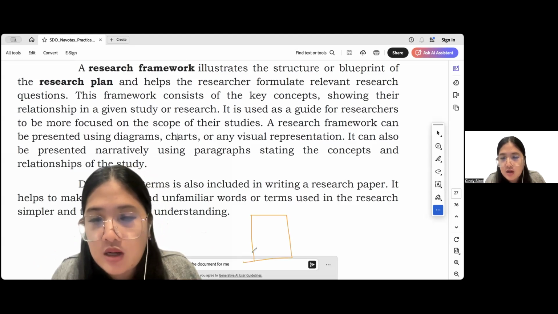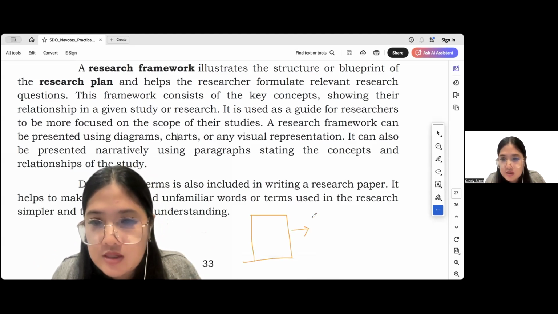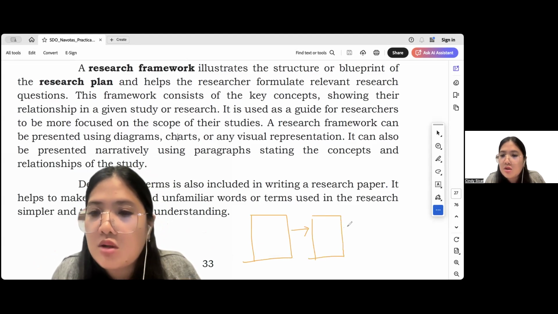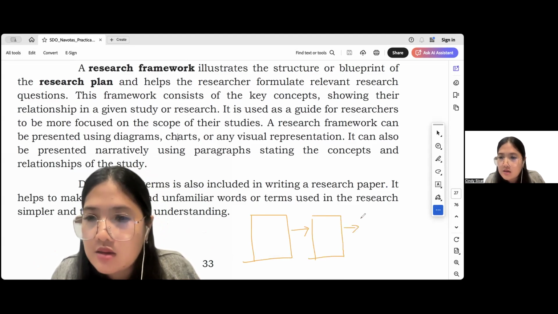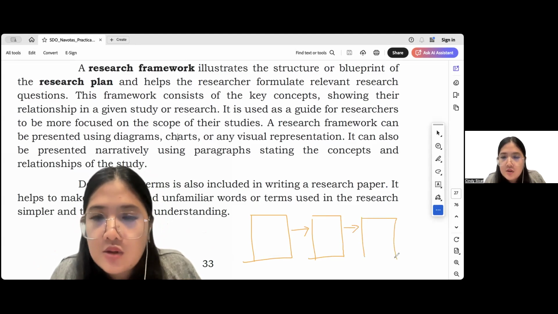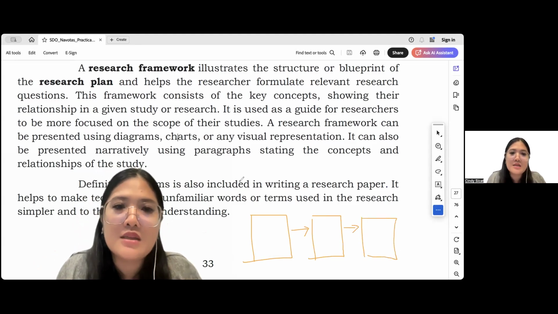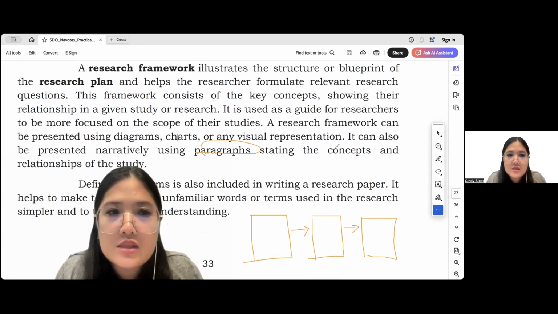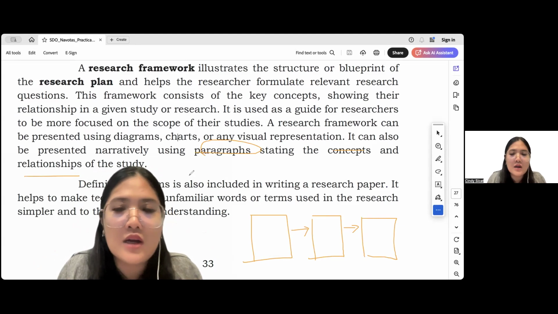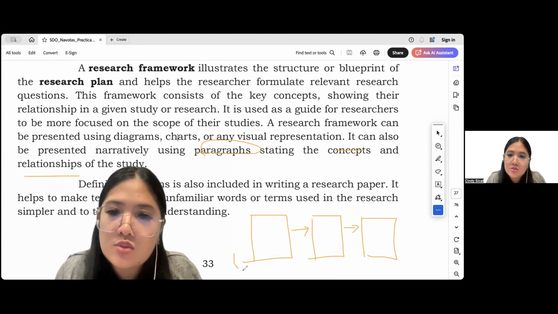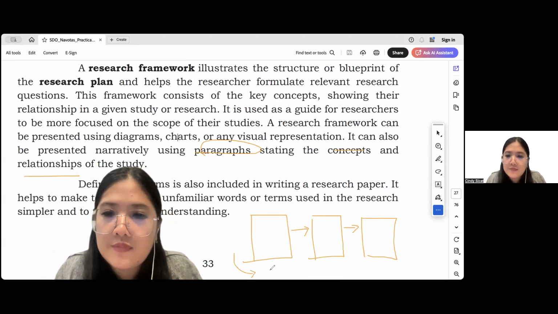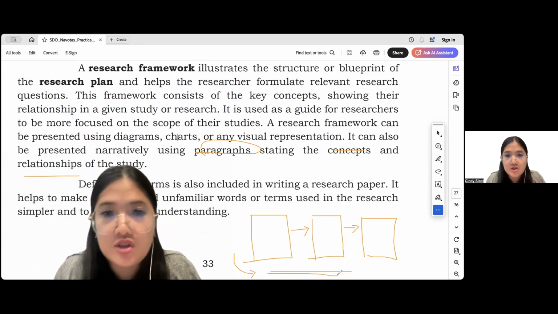It could be the usual IPO or the CIPP, or if we could possibly think of another conceptual framework, again, based on the guidance of your advisor. It can also be presented narratively using paragraphs, where concepts and relationships of the study are discussed. Usually, this would be placed after the visual representation.